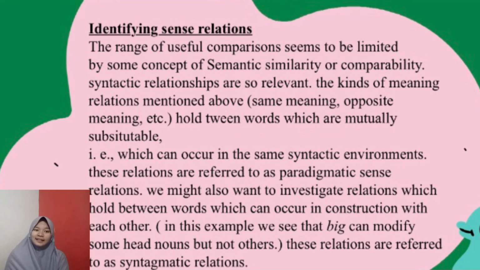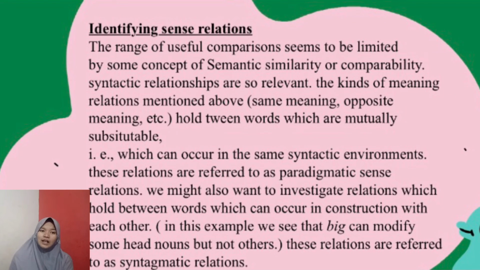Identifying sense relations. The range of useful comparisons seems to be limited by some concept of semantic similarity or comparability. Syntactic relationships are also relevant. The kinds of meaning relations mentioned above, like same meaning, opposite meaning, etc., hold between words which are mutually substitutable, which can occur in the same syntactic environments.